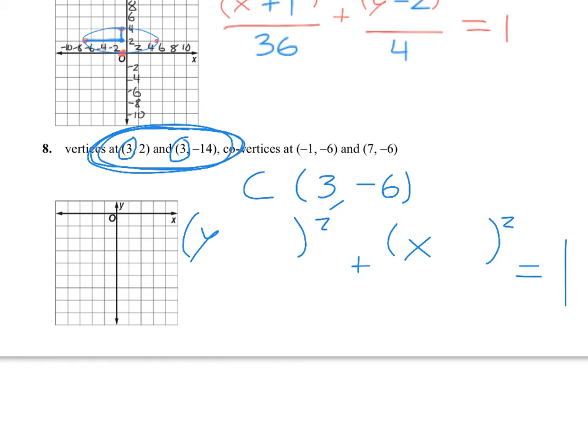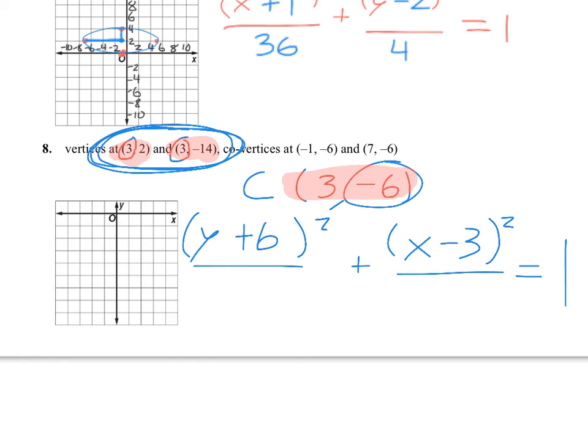Alright, so we know it's going to be a vertical ellipse. We know the y-coordinate is -6, so I put a +6 here. The x-coordinate of the center is +3, so I do the opposite, -3. Alright, from this center here, how far up and down did we go?